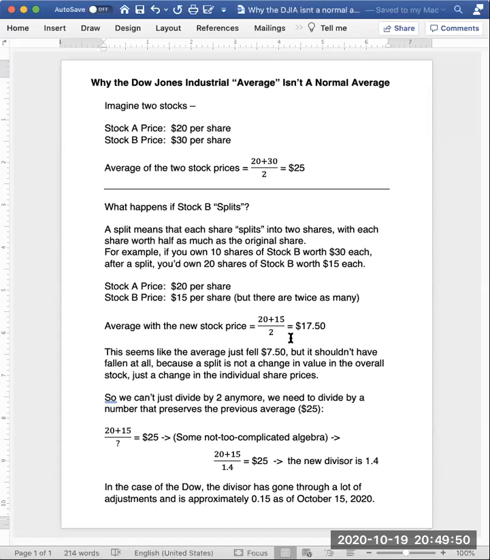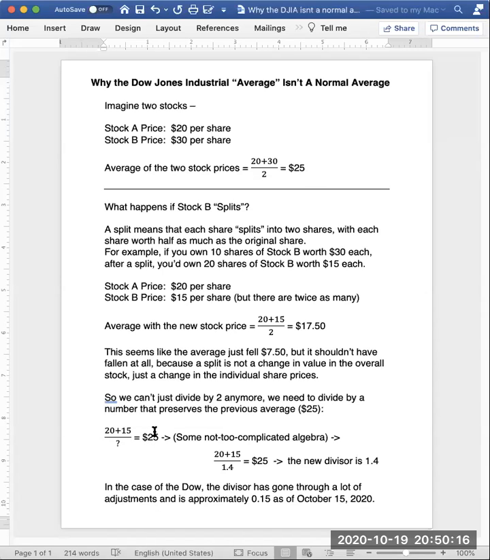So in order to make the average work out, we're going to do something that is unexpected. We're not going to divide by 2 anymore. We're going to say, well, okay, the price of A was 20. The price of B is 15. I want to divide that by some magical number so that we get the same average that we had in the beginning.